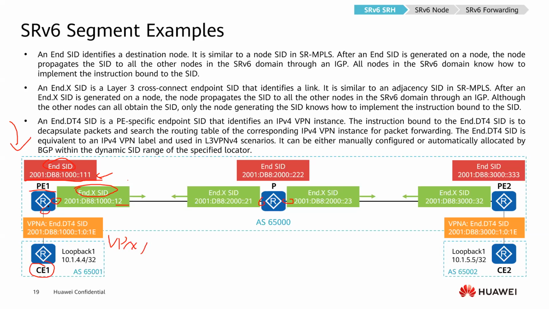So in P1, for VPN1, I will use this SID to indicate VPN1, to let the device know that if I receive this packet, I should send it to which VPN.